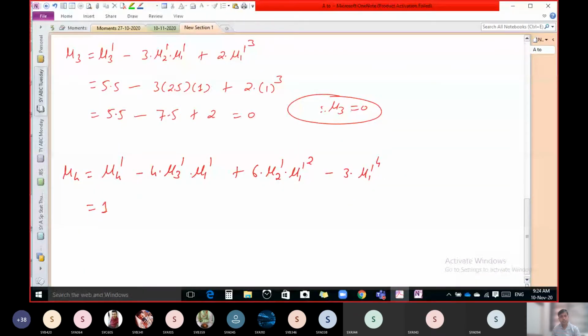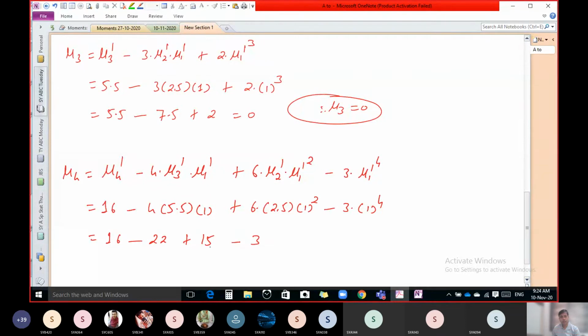So 16 minus 4 into 5.5 into 1, plus 6 into 2.5 into 1 square, minus 3 into 1 raised to 4. So 16 minus 22 plus 15 minus 3.